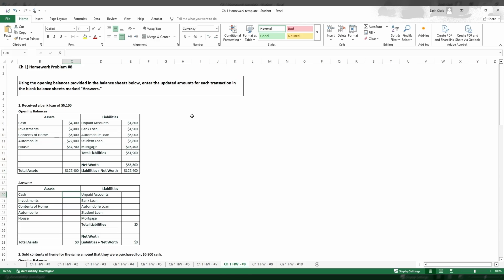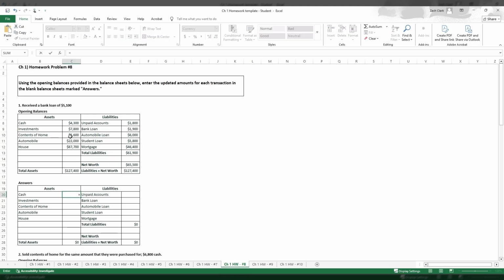So it kind of helps to slow down and think about, okay, a bank loan means that we have cash coming in, we've borrowed money, so we have more cash, but now we owe the bank that money back at some point as well. So our liability is going to increase, which is the bank loan liability.